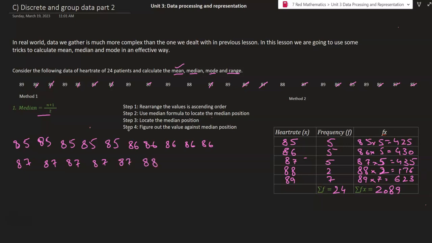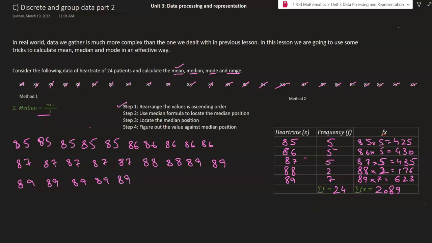And then 89 appears seven times. And we have basically arranged it.